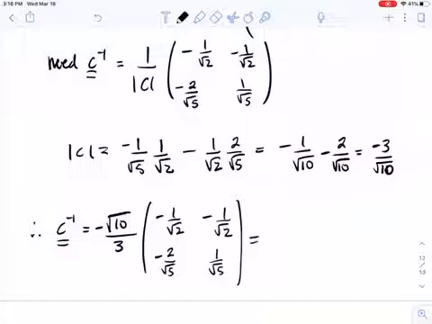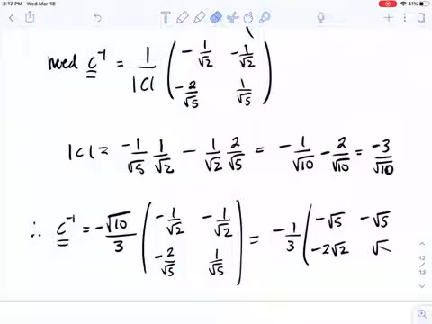We could maybe clean this up by taking the root 10 inside, minus 1/3, and so root 10 divided by root 2 is root 5, and so we get root 5, and then we have 2 root 2, and then we have a root 2.